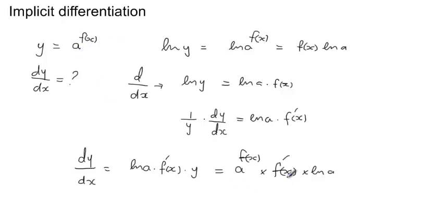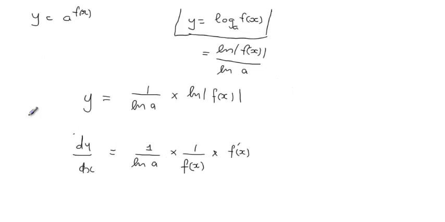Look, the exponential function, exactly as it is, multiplied by the derivative of the argument multiplied by the ln of the base, which means what we do with the ln of the base in differentiation of the exponential, we multiply. But when we go to the differentiation of the logarithmic function, we actually divide.